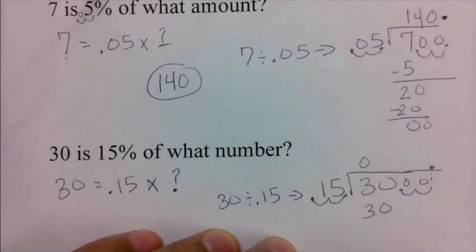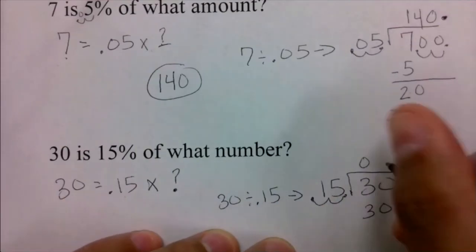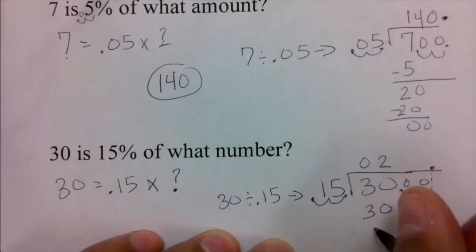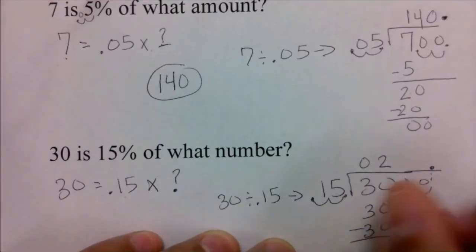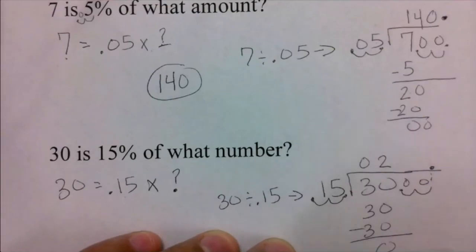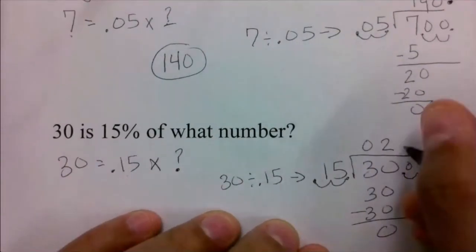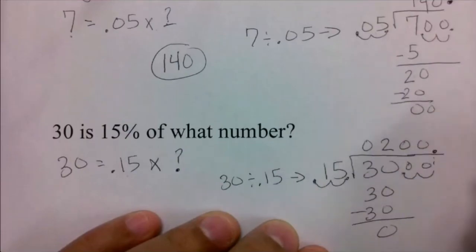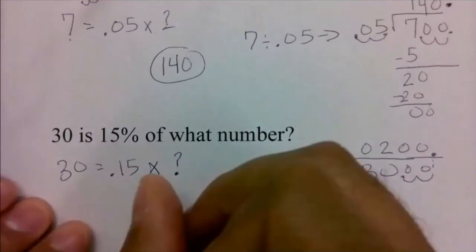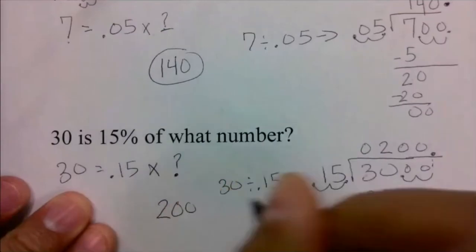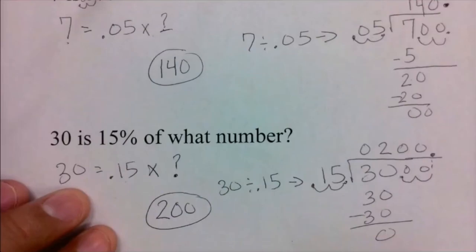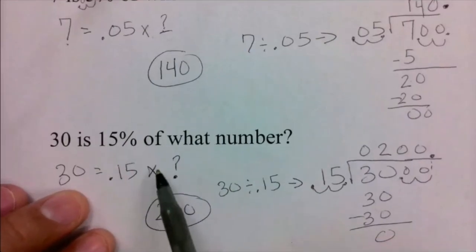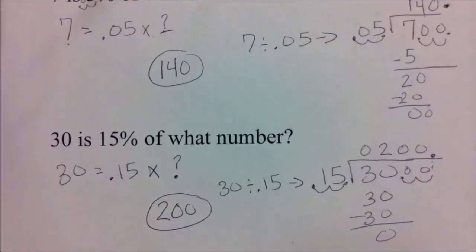Can 15 go into 30? Of course it can. It goes into 30 twice. 30 minus 30 is 0. Then we can just replace this with a bunch of zeros behind it so we get to the decimal point. So we know that 200, which is the number that we were looking for, times 15% will give me 30.